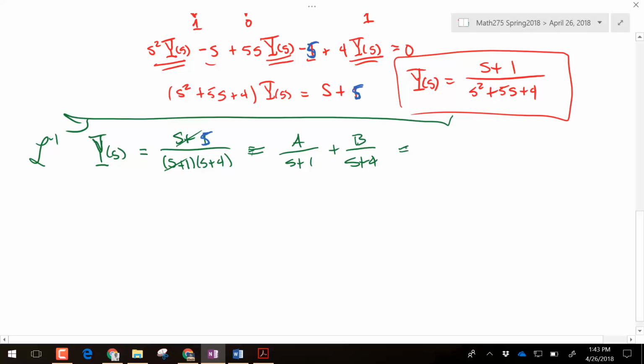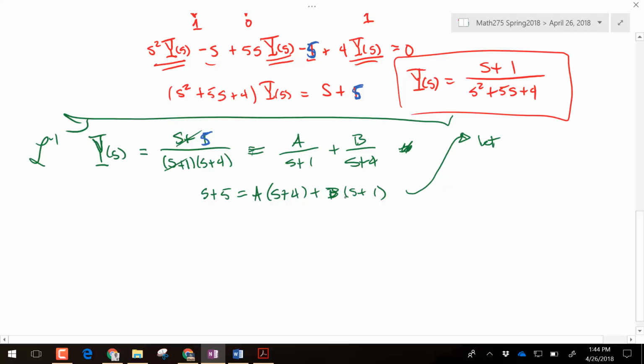Let's first get the common denominators out of the way. So we have s plus 5 is equal to A(s plus 4) plus B(s plus 1). And then you'd set up a system of linear equations this way. But instead of doing it this way, there's this thing that they call the cover-up method.